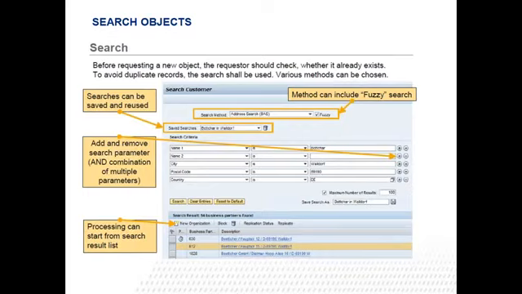I select that from the drop down, and if I select fuzzy logic, it runs the fuzzy logic, so even if there are any typos, it matches and shows you in the search results. You can enter whatever field attribute values you want, and automatically the results will be shown here. So this is the search application we have in MDG.